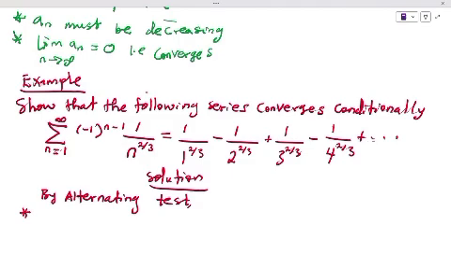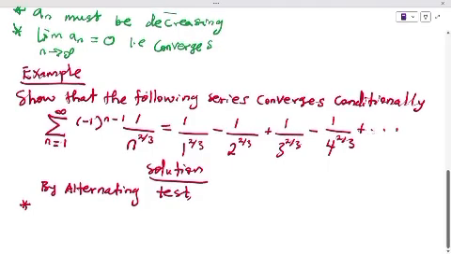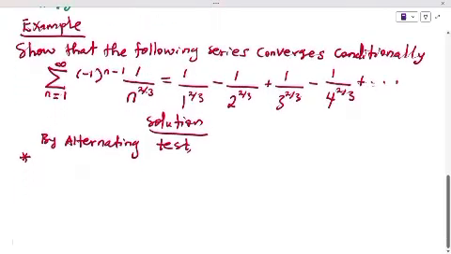Of course, when we find the absolute value of this series that we have right here, we see that our a_n, when I say a_n, I'm referring to this part, that will be our absolute value. So a_n is equal to 1 over n to the power of 2 over 3.